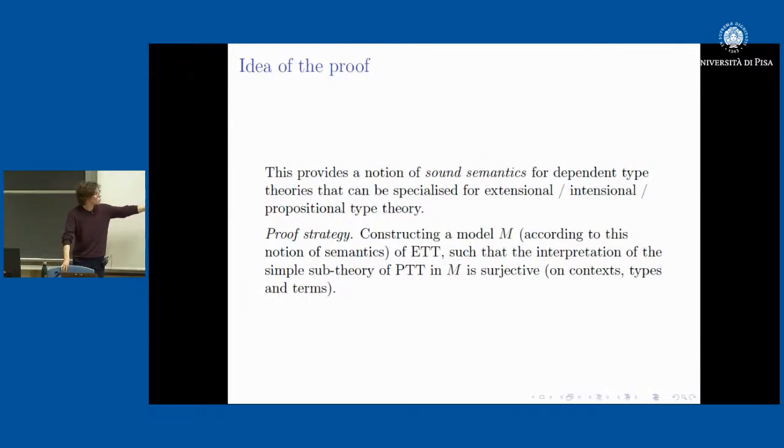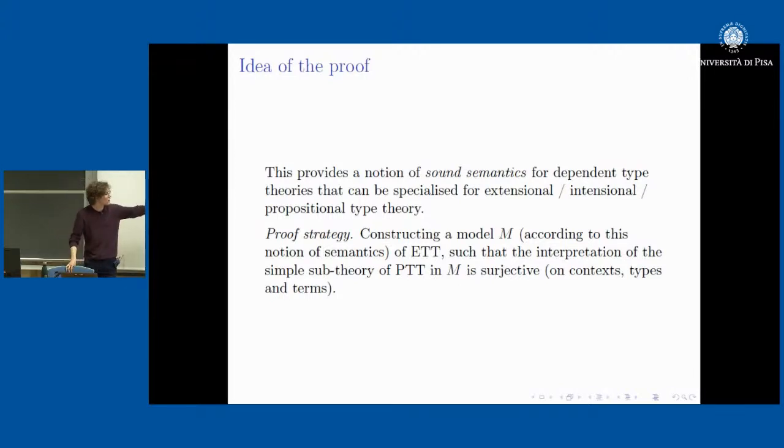So you consider a model M of ETT, and you would like it to have the following property with respect to the simple fragment of PTT. We want that the interpretation of the simple fragment of PTT inside this model is surjective, okay?